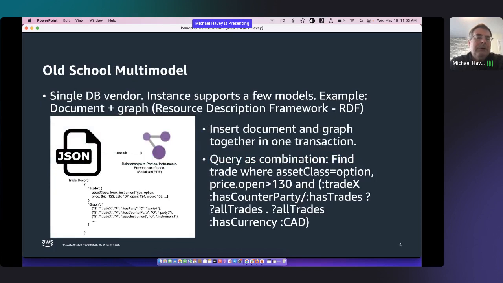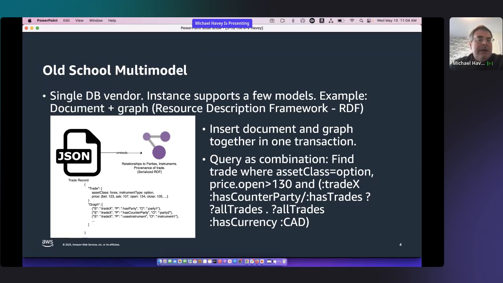So an example of an old school multi-model solution might be building a trade based on both a document model and a graph model combined into one. And in fact, there are database vendors that support both of these models together in the same database instance, and the data can coexist with each other.